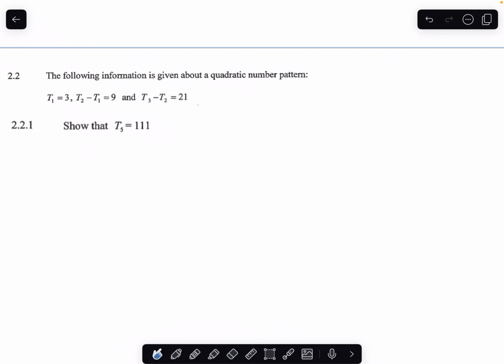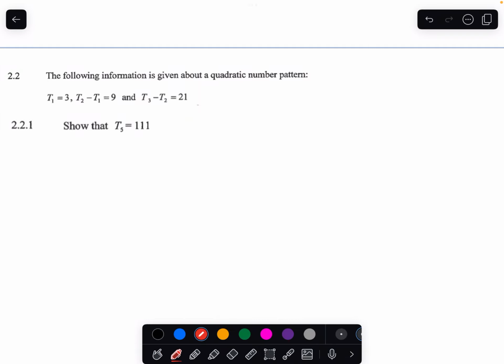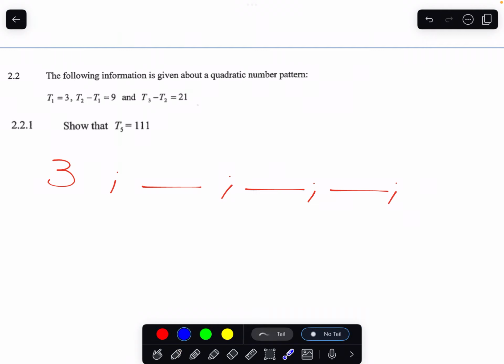So here's what we've got going on. We have T1 as our first term, T2, T3, T4, and this question is asking about T5, so I'm just going to go right ahead up to T5. We know that the difference between T2 and T1 is 9.